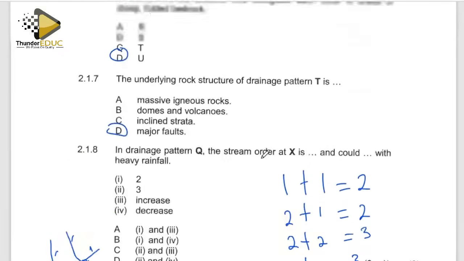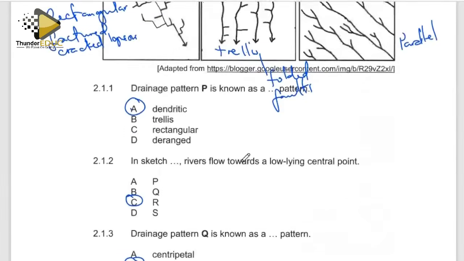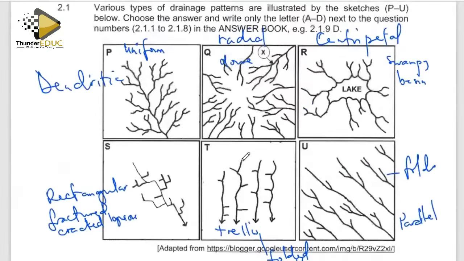So our correct response here, let's go to the illustration and check. In the illustration, we are seeing that our X point is indicated at that particular point. Let's try to identify the order of the streams upstream of the point X. This is stream number 1, and this is number 1. They give us number 2 here.